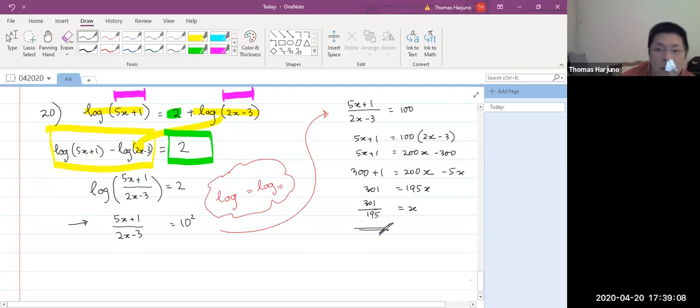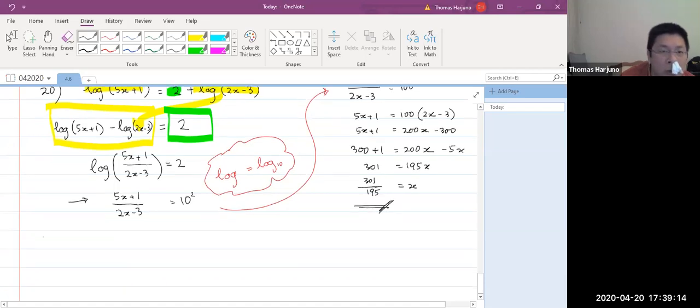Okay, now let me go on. That's for number 20. Let me go on to number 22. You can try to do this problem though. Log of x plus 3 plus log of x minus 3 equals log of x squared plus 5 minus 2.